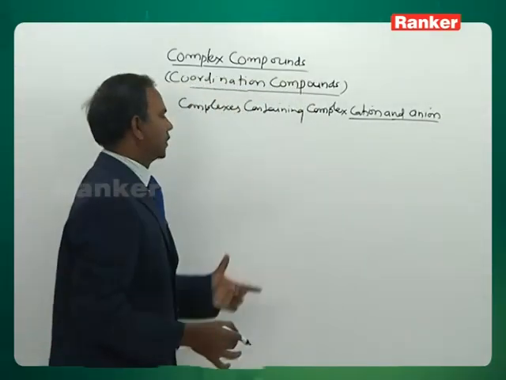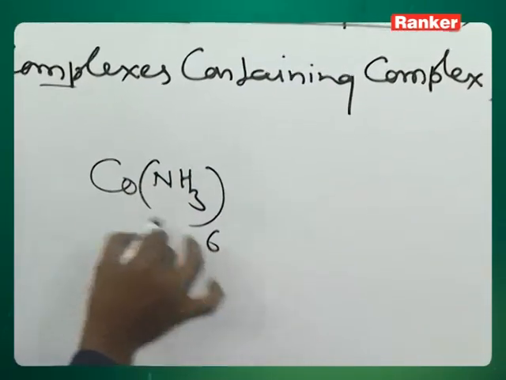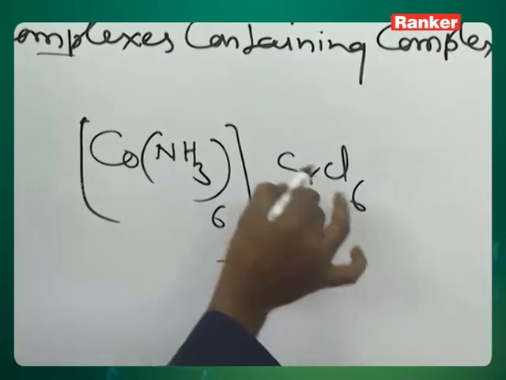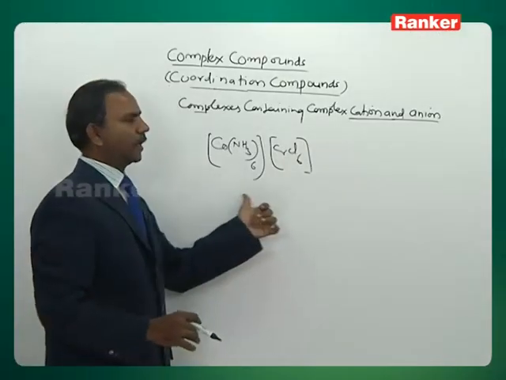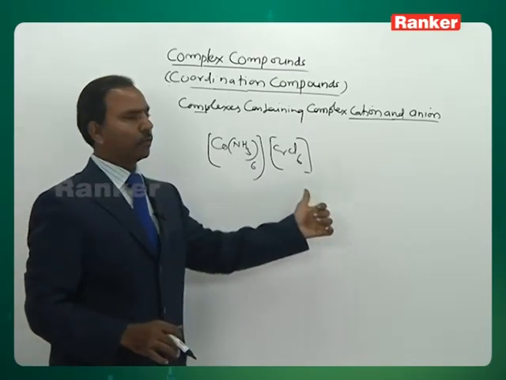In some of the complexes, there is NH3 taken 6, hexamine, and again Cl taken 6. Consider complex cation, complex anion. The first coordination part is cation and the second coordination part is what?